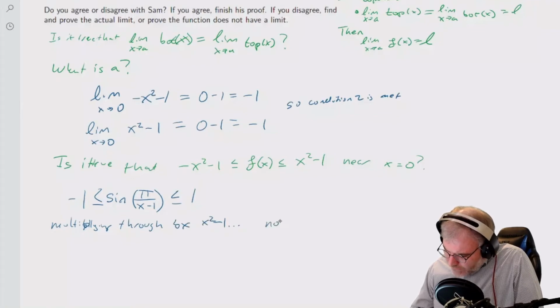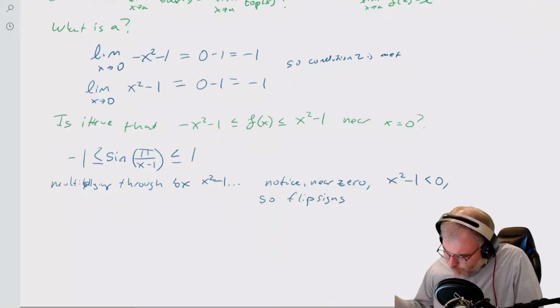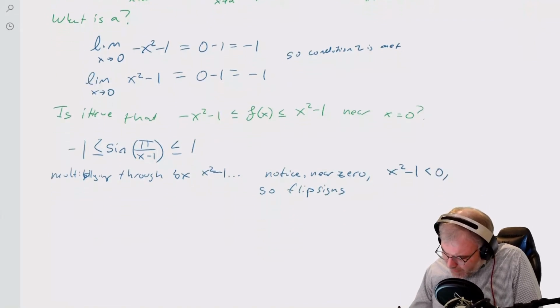And notice near 0, x squared minus 1 is less than 0, so flip signs. I'm going to multiply through by x squared minus 1.